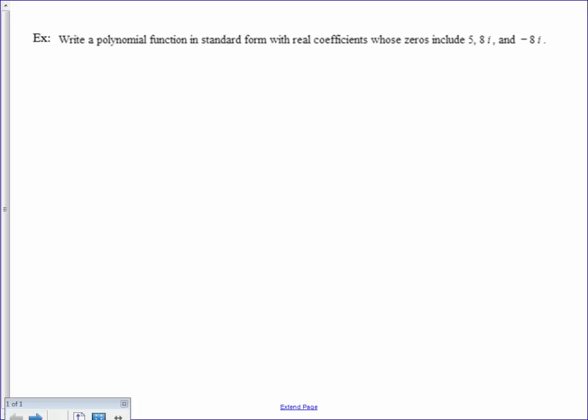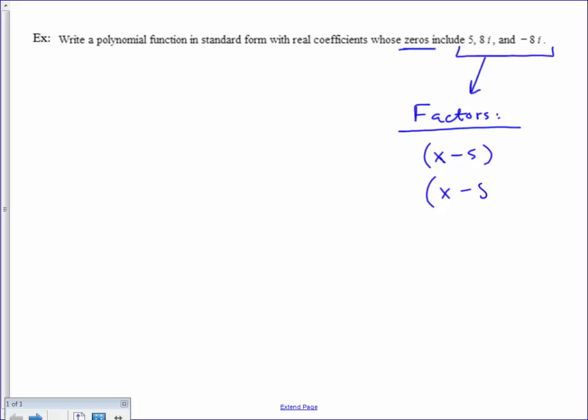So look at the zeros, and from these zeros, I need to know what the factors would be. If I have a zero of 5, then I know that x minus 5 would be a factor. If I have a zero of 8i, then I know x minus 8i would be a factor.